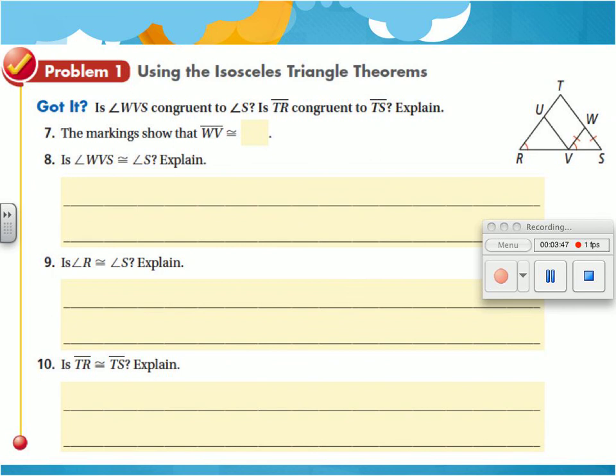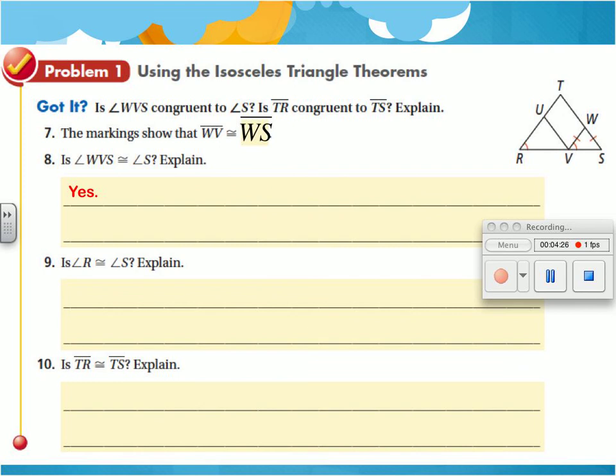All right, so let's use these theorems and put them into action. So first, using the isosceles triangle theorem. Is angle WVS congruent to angle S? So WVS is this angle right here. This is angle S, and I want to know if those two angles are congruent. TR is congruent to TS, so this segment is congruent to TS. And so we're going to look at what else is shown. So the markings show that WV is congruent to WS.